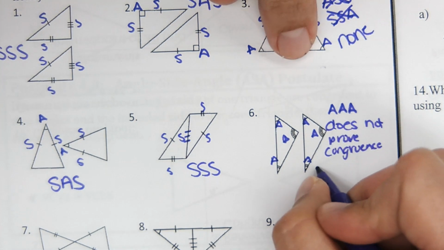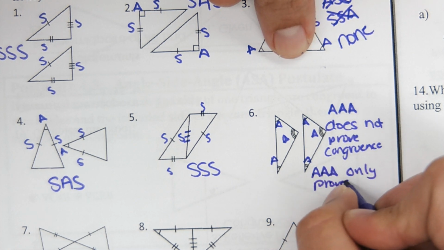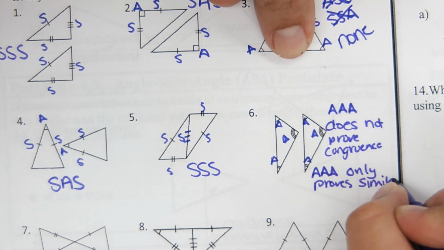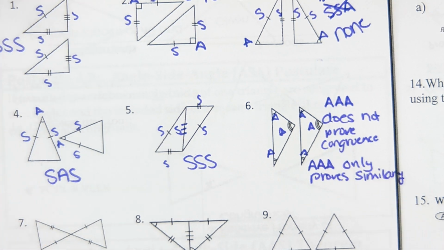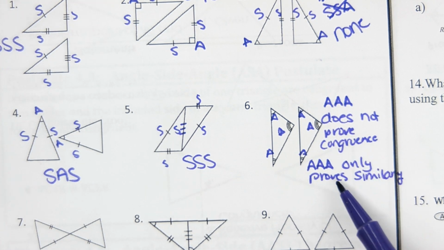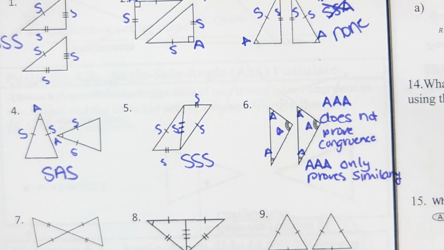So AAA only proves similarity, which we'll get to in another chapter, but just kind of touching on it. So if they have all the angles the same, we can't prove they're congruent. We could prove that they're similar, like they're proportional, but one could be larger than the other with the same angles.